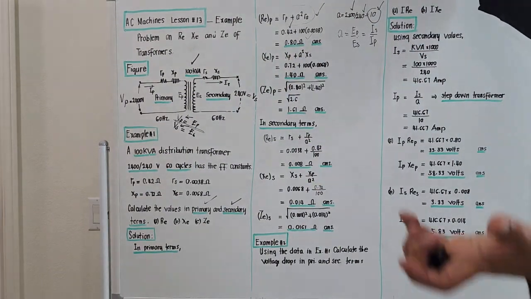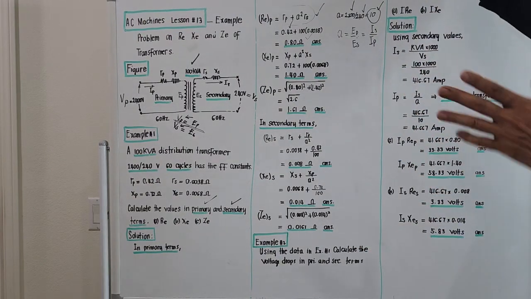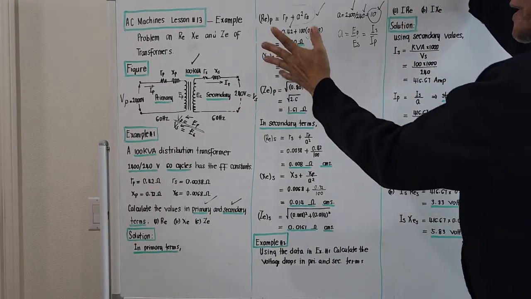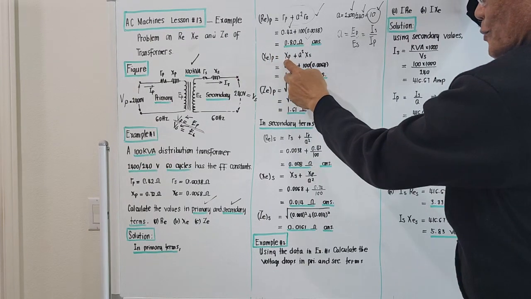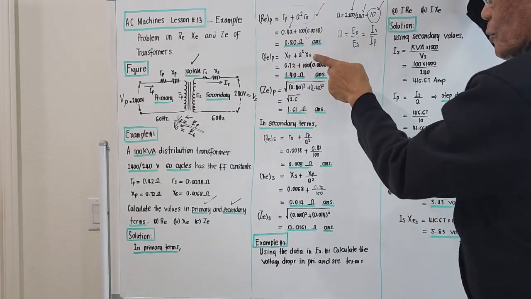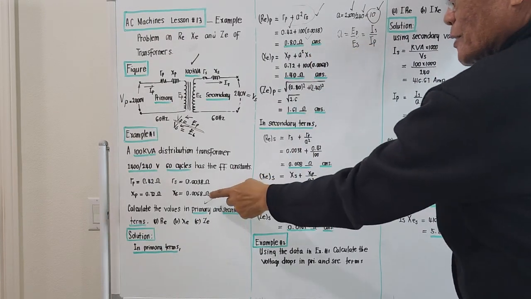Okay? The reactance, it will still be the same formula. We just change the designation of R to X. So we are now computing the equivalent reactance referred to the primary. It will be X sub P, same formula, but we are computing for reactance, so this should be A squared times X sub S. X sub P is 0.72.